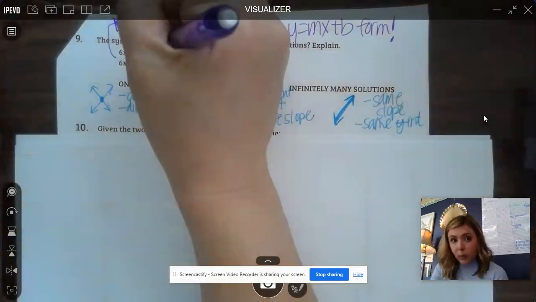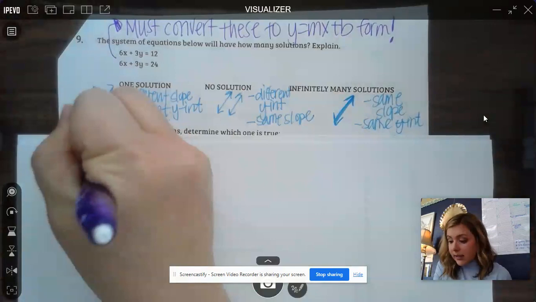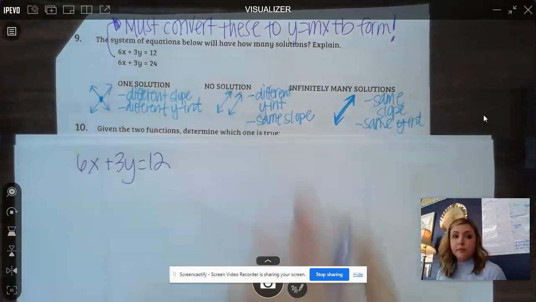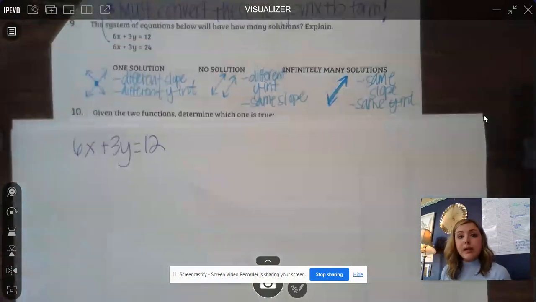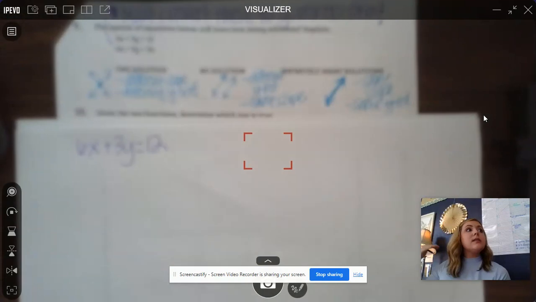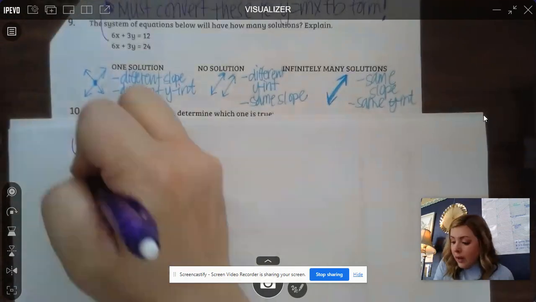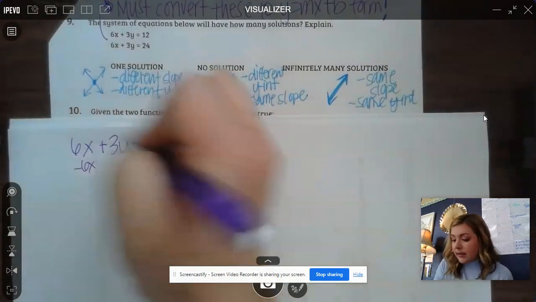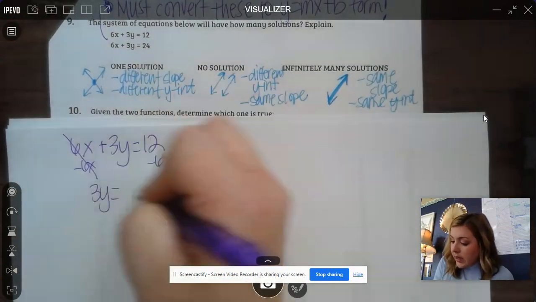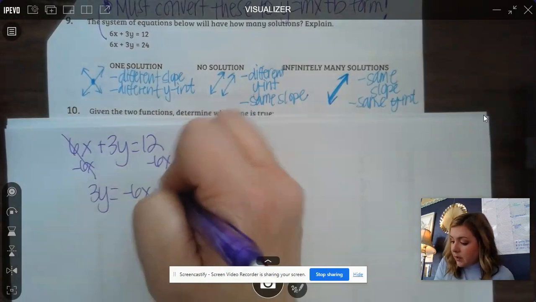I'm going to take this first equation right here. 6x plus 3y equals 12. To convert that to y-intercept form, I need to get the x to the other side and then simplify it. So I'm going to do minus 6x and minus 6x. And I'll be left with 3y equals negative 6x plus 12.